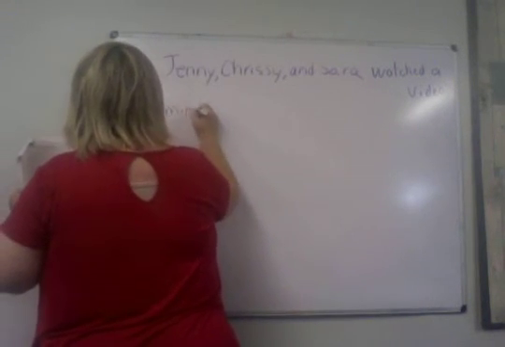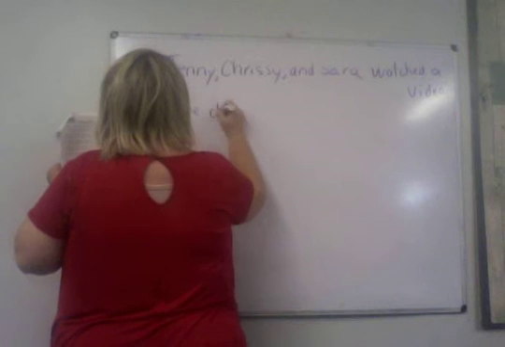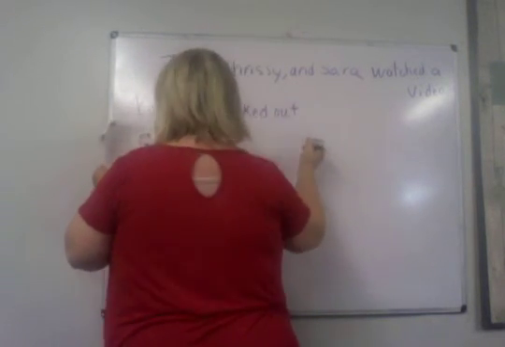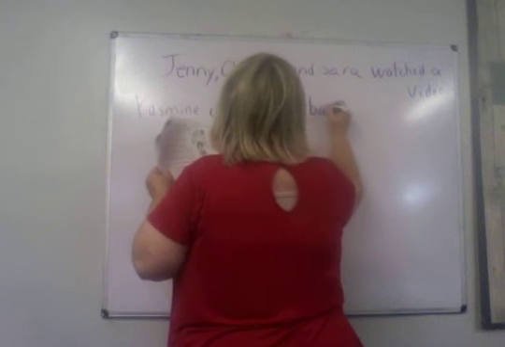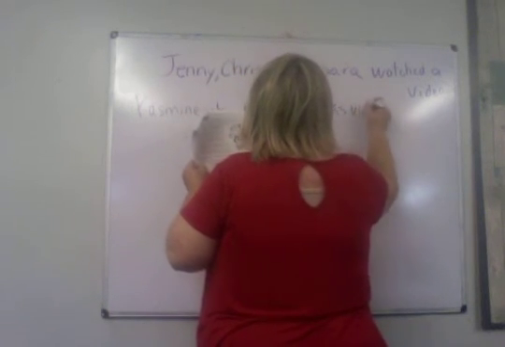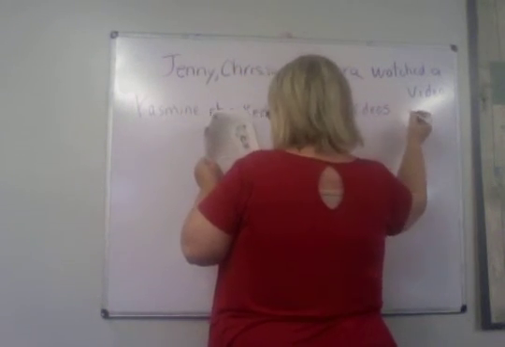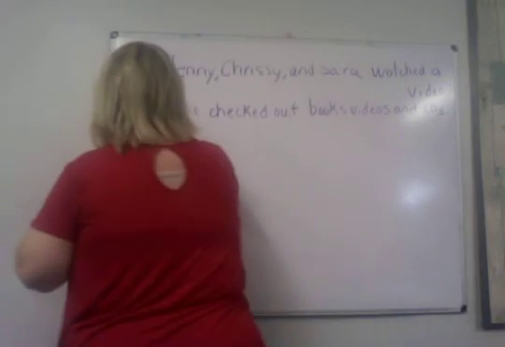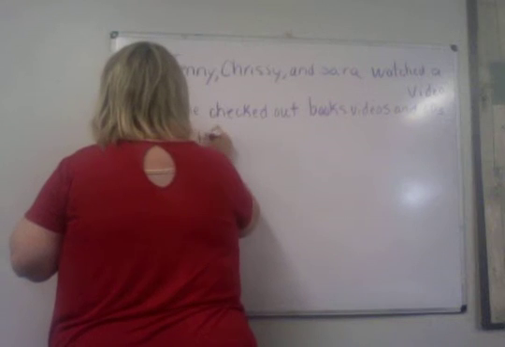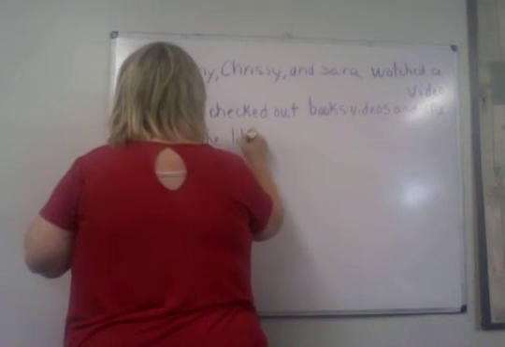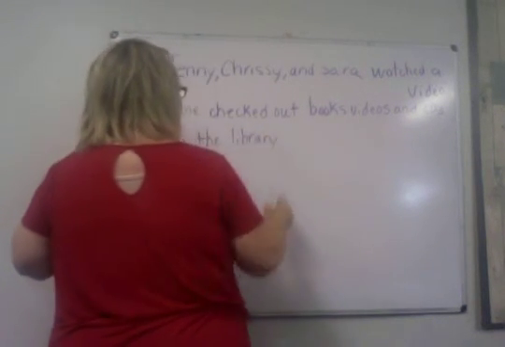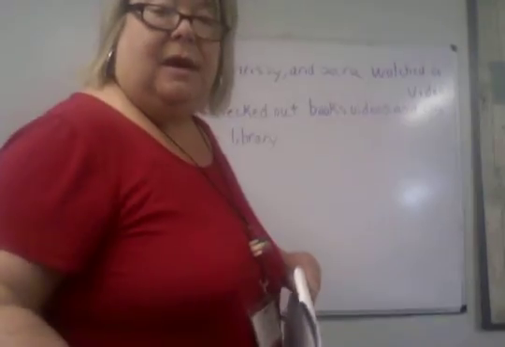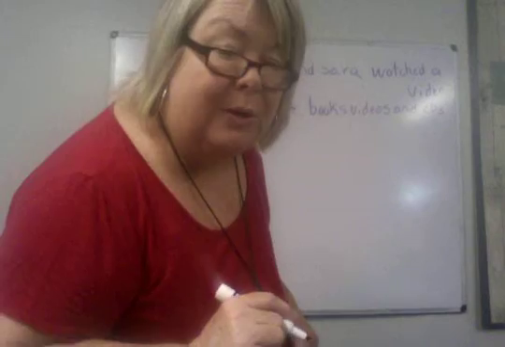It says, Yasmin checked out books, videos, and CDs from the library. So we're going to add commas, and the way you do that is you add the little add sign to it.